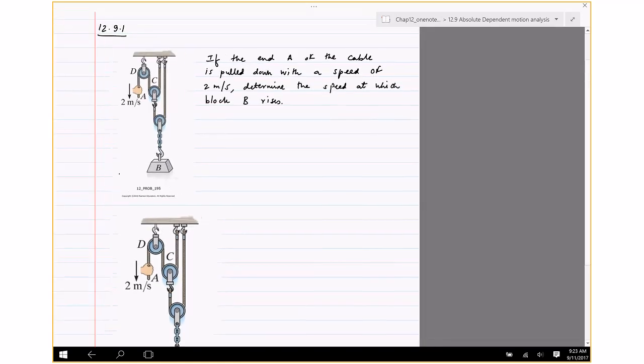Okay, let's read it. If the end A of the cable is moved down with a speed of 2 meters per second, determine the speed at which the block B rises. Okay.